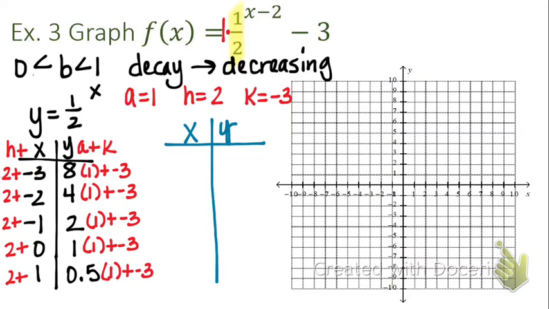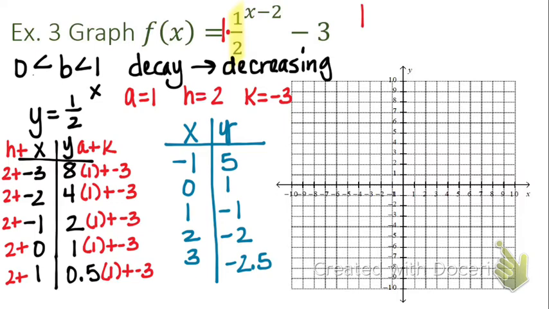So we got 2 to the power of, 2 plus -3 is -1, 0, 1, 2, 3. And then we have 5, 1, -1, -2, -2.5. So drawing your horizontal asymptote, you have a horizontal asymptote at y equals -3, and this graph is decreasing.